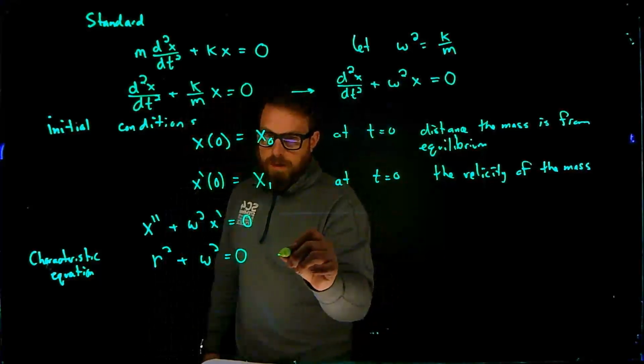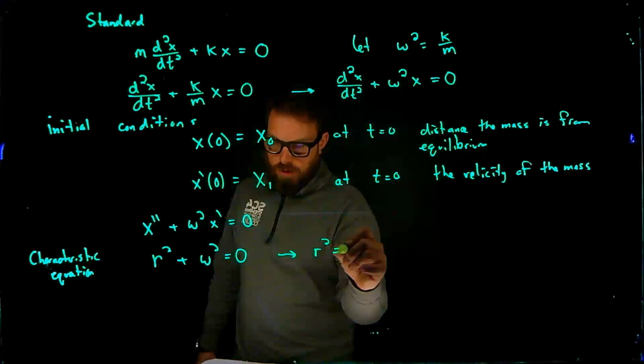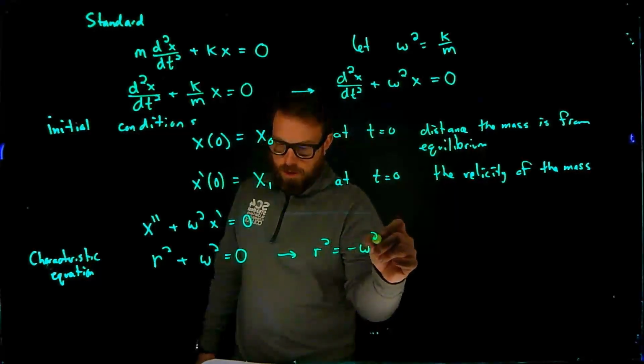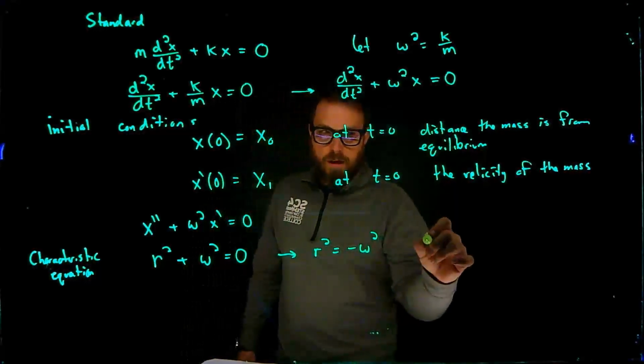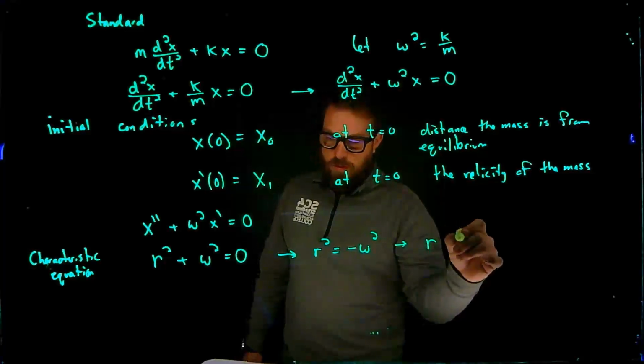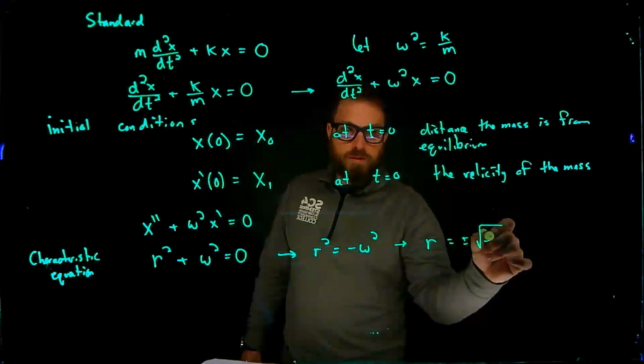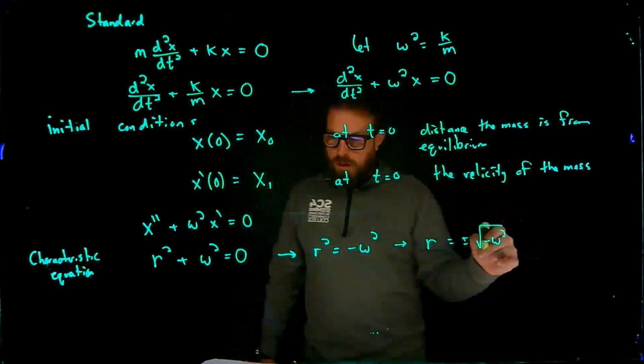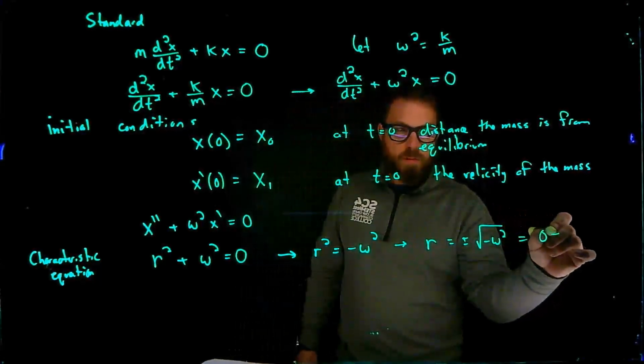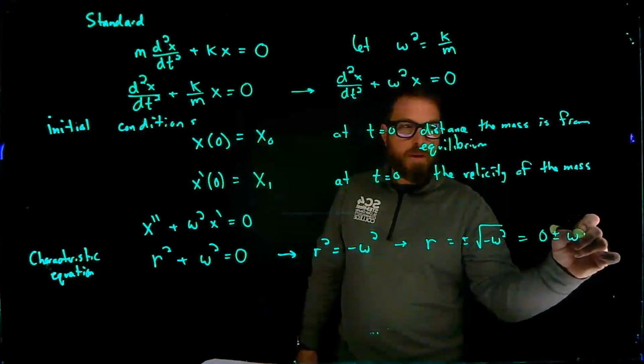So then this is going to give us r squared is equal to negative omega squared. So then that means r is going to be equal to plus or minus the square root of negative omega squared, which is going to give us 0 plus or minus omega i as our answers.